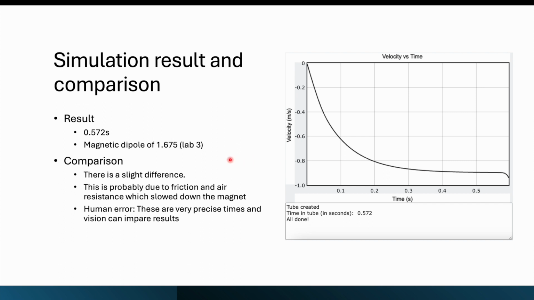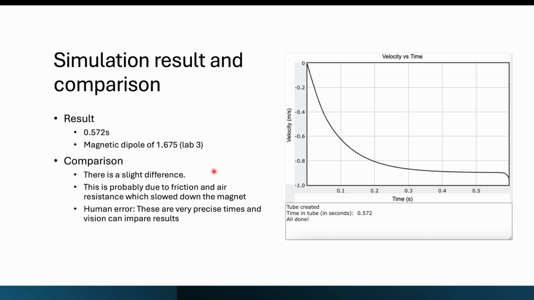So here are the results from the simulation. We can see that the magnet is in the tube for 0.572 seconds, using the magnetic dipole of 1.675 that we found from Lab 3. There is a slight difference from the 0.64 second fall that we saw in the real-life experiment, and there could be several reasons for this.